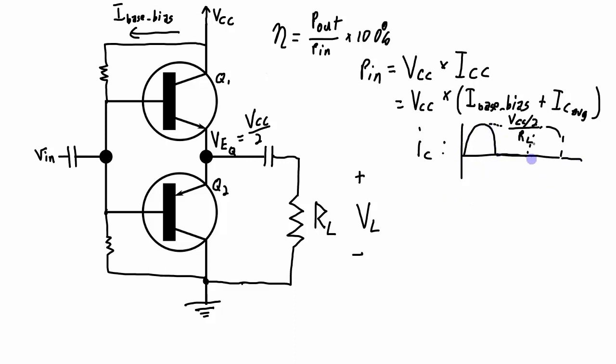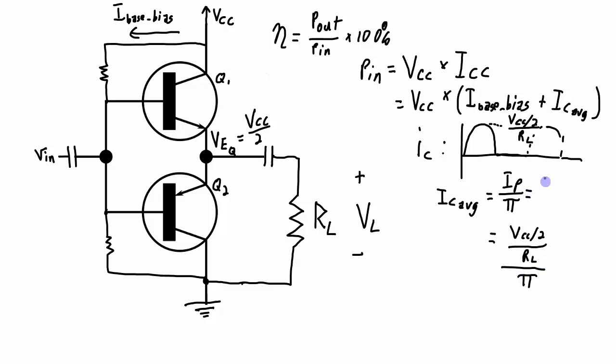And so if that's our IC as we're seeing it change over time, the IC average will be equal to the peak of that over pi. So this is just the standard equation for a half wave rectified signal. And since we know what the I peak is, this equation is going to be VCC over 2 over RL, so that's my peak current, divided by pi.